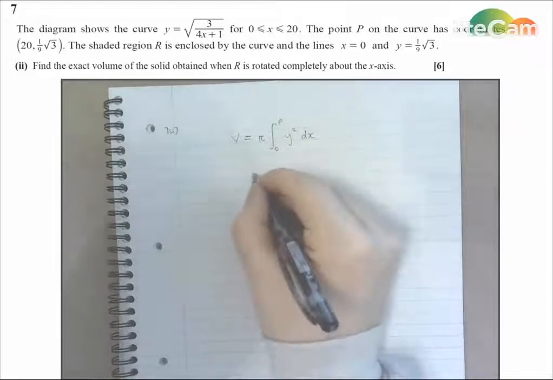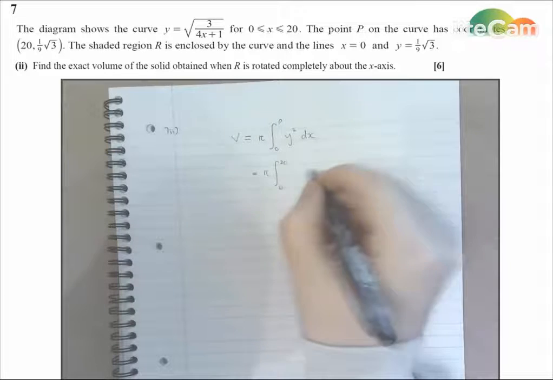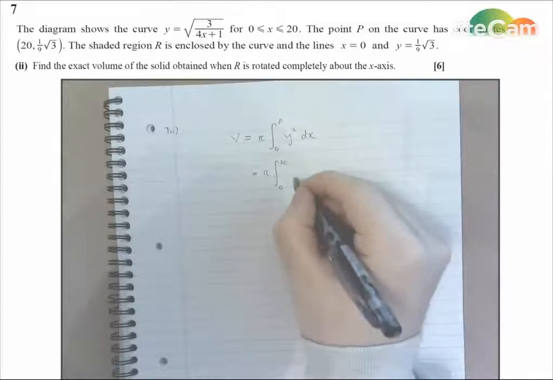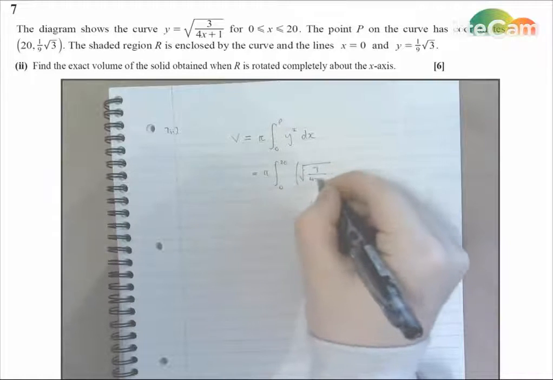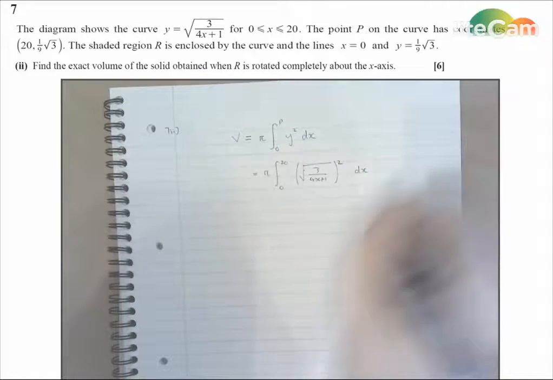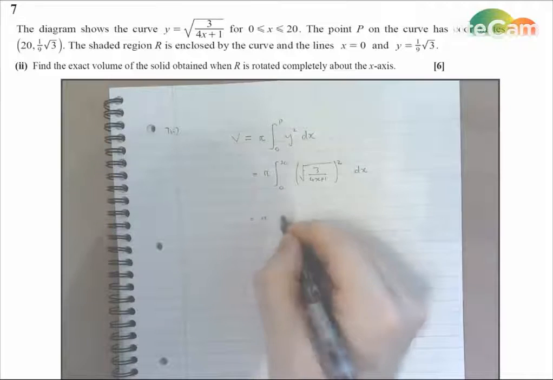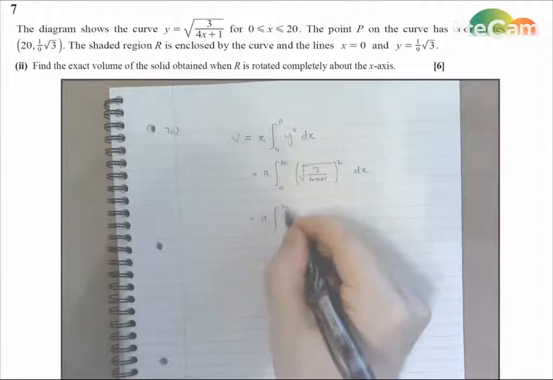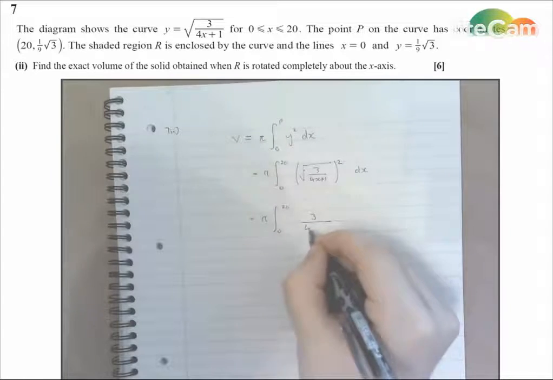So we get pi between 20 and 0, and our function is the square root of 3 over 4x plus 1, squared. Now that's nice because this square root and that squared are going to cancel out, giving us a simpler function. So between 20 and 0 of 3 over 4x plus 1.